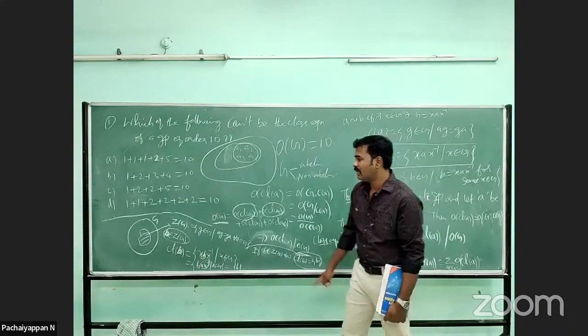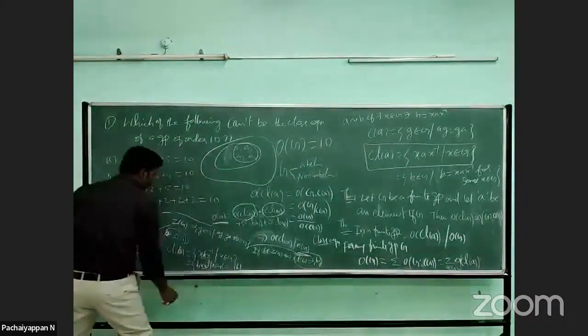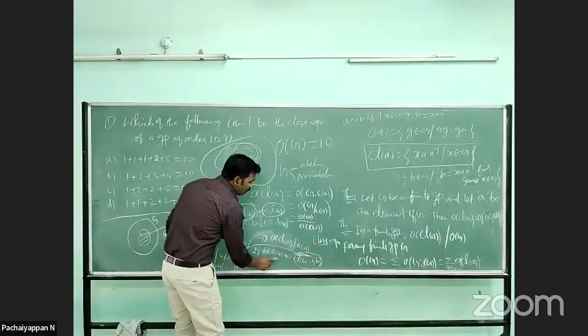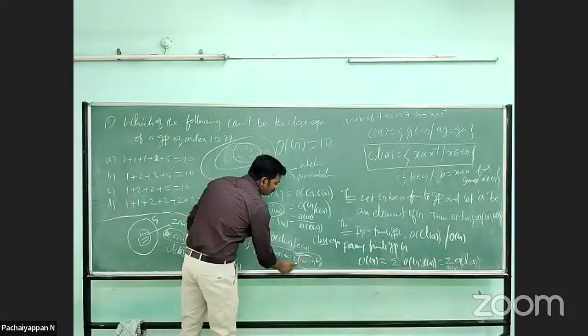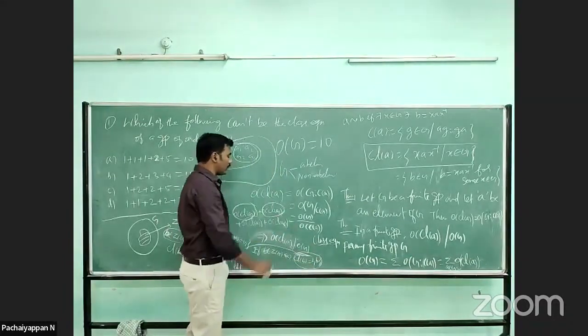So if B belongs to the center of G, if and only if the class of B equals B only. Now, what is the order of the class of B?